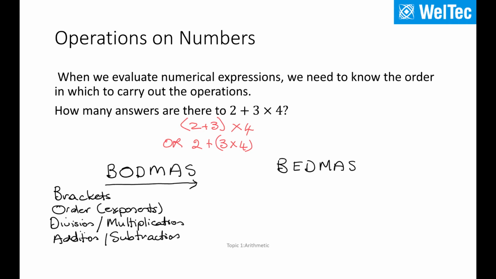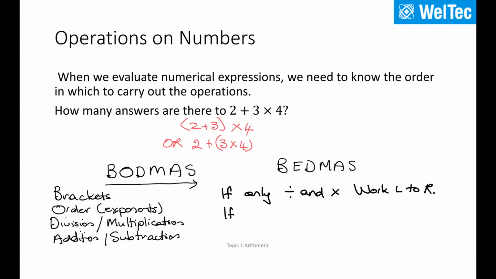Now we do it in that order if we've got a mix match. If we've got lots of operators, lots of pluses and minuses and times and divides, then we do it BODMAS. But if there's only, say, division and multiplication, then we work left to right.